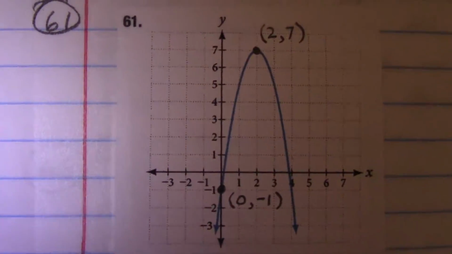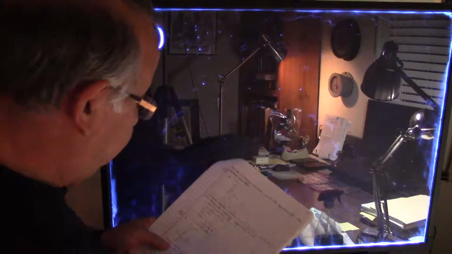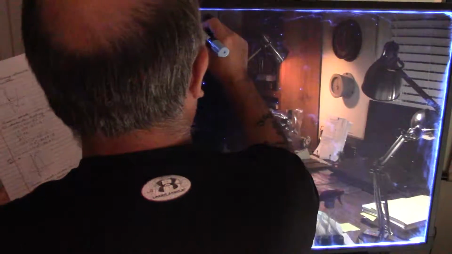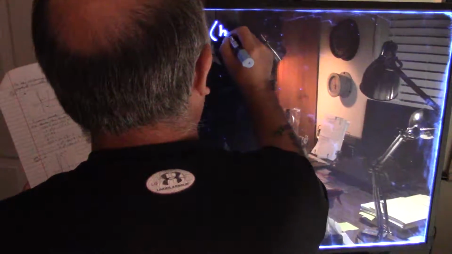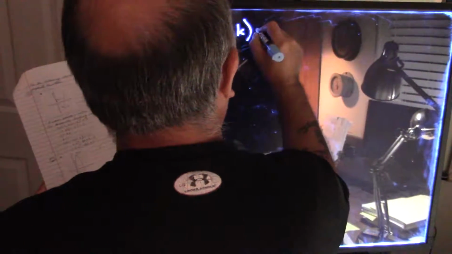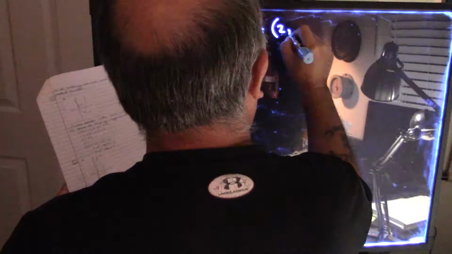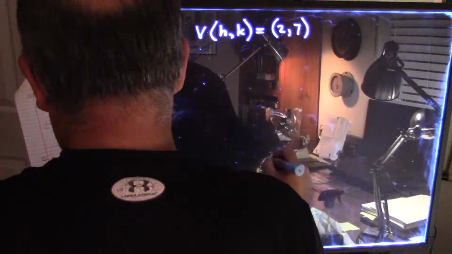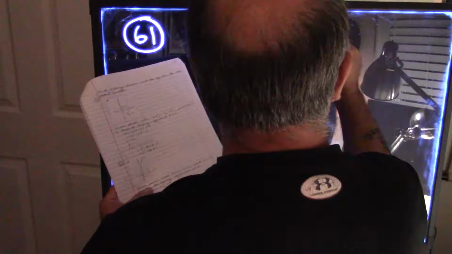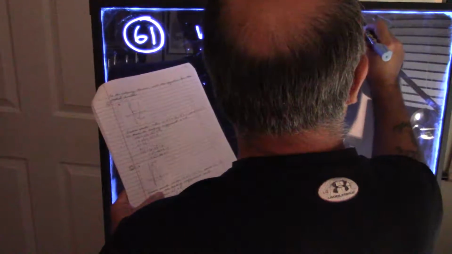That's the wise way to do this. Okay, so we have vertex HK is equal to 2, 7 and a point 0, -1 on the graph.